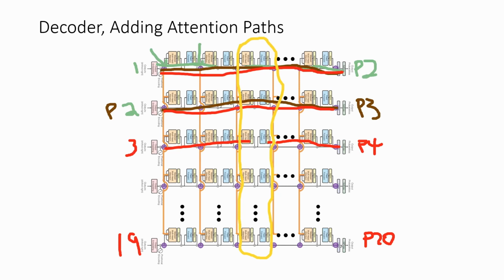If you take the top leftmost purple box, the purple circle, you have the green arrow going to it. Yeah, that one. And then you go to the one below it for the second token.